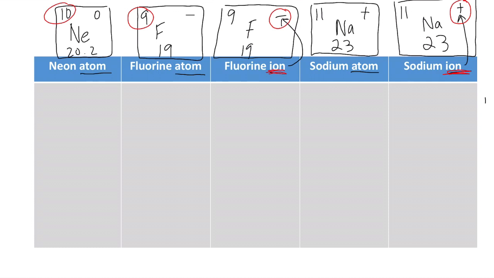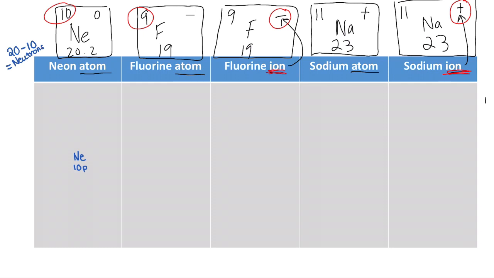We want to start off by just filling in the information that would be in the nucleus. So we've got neon, which is Ne. It has, based on the atomic number, 10 protons. And using the mass number, which is 20, if we do 20 minus 10 equals the neutrons.